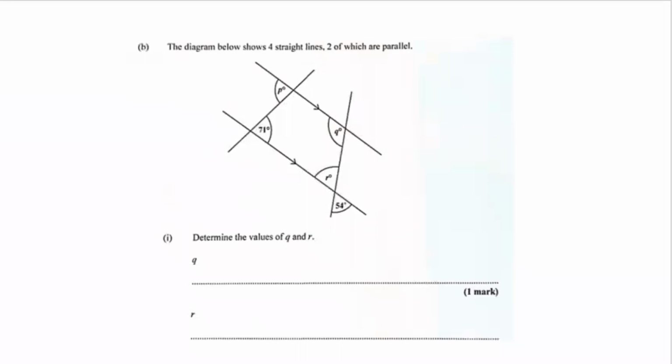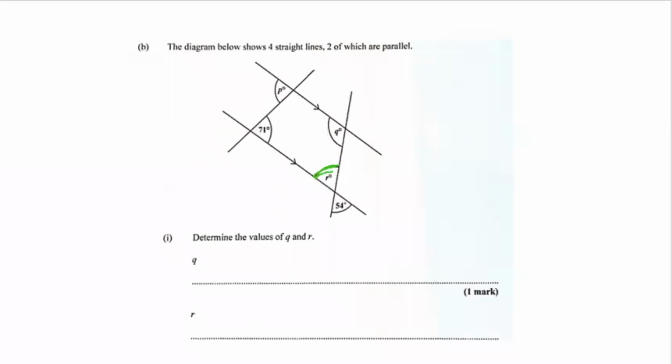It did not tell us which order we should answer them in, so we're going to answer them in the one that makes us feel comfortable. First we're going to answer R degrees, because as I look at this paper, I remember this one. My teacher taught me it. It is vertically opposite angles, and my teacher said that vertically opposite angles are equal.